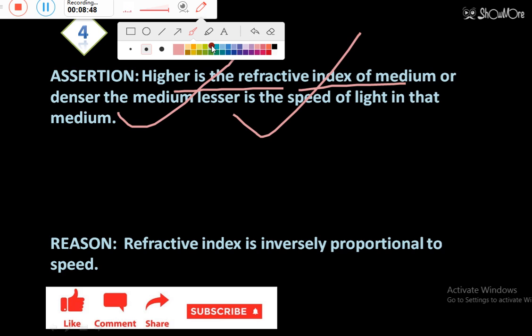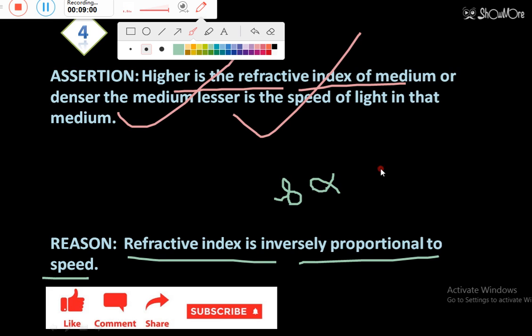In the second one, he is saying the refractive index is inversely proportional to the speed. More will be the refractive index, lesser will be the speed. So this is also right, and the reason is the correct explanation for the assertion.